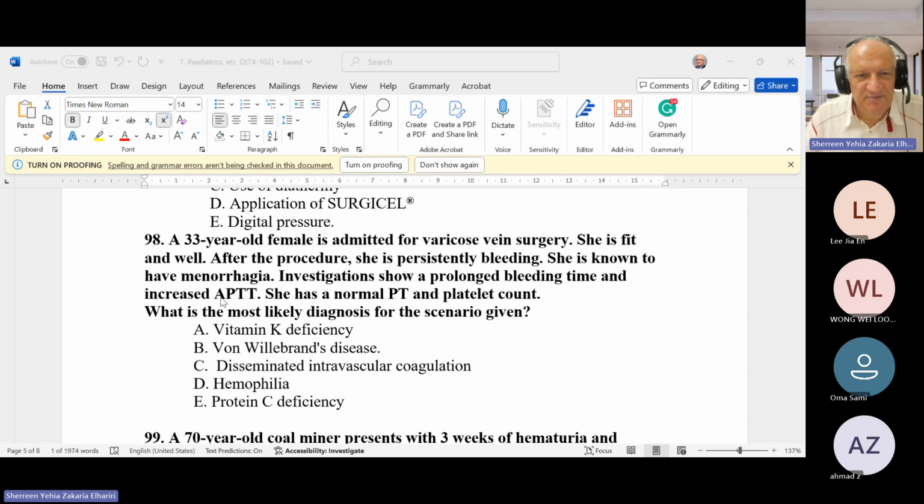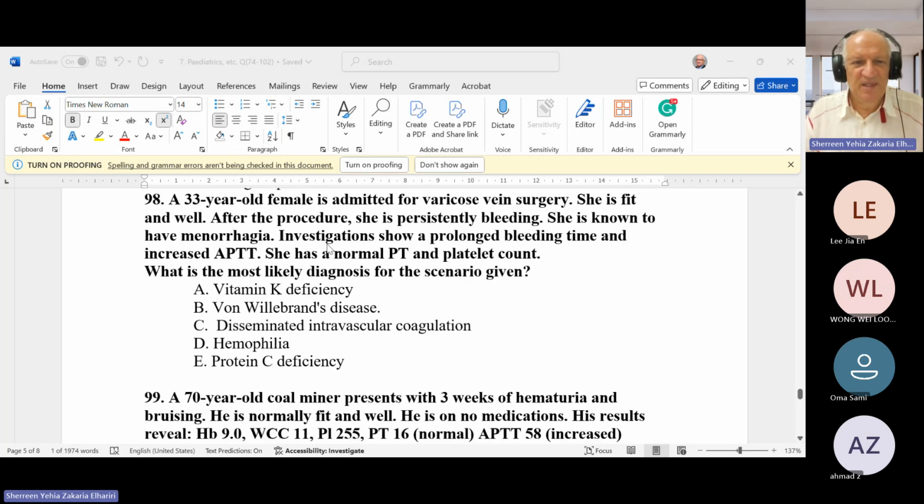And an increased APTT, activated partial thromboplastin time. Prothrombin time is normal, and the platelet count is normal. With normal prothrombin time, she is not on an anticoagulant. Normal platelets, so it is not thrombocytopenic purpura. But the patient has something affecting the clotting factors or the clotting factor mechanism.